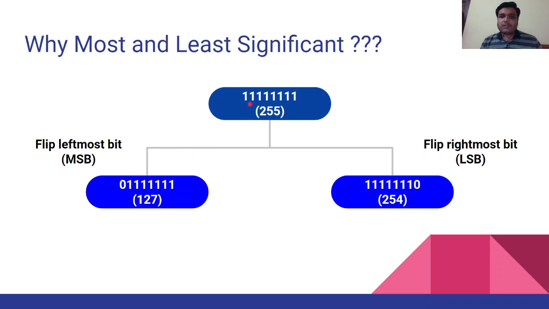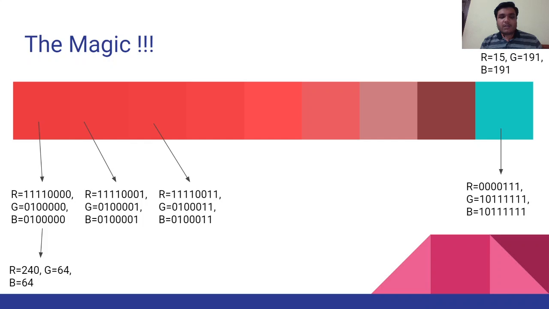So you can see that changing the leftmost bit, that is the MSB, has a large effect. That's why it's called the most significant bit, because it has a large impact on the value of the number. Now, why am I telling you this MSB and LSB concept? The MSB and LSB concept has an important role to play in steganography.